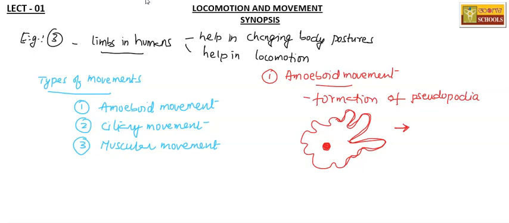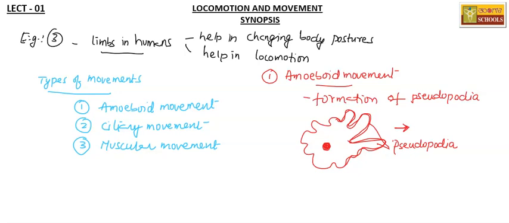These finger-like projections are what we call pseudopodia. They are formed by streaming of protoplasm.